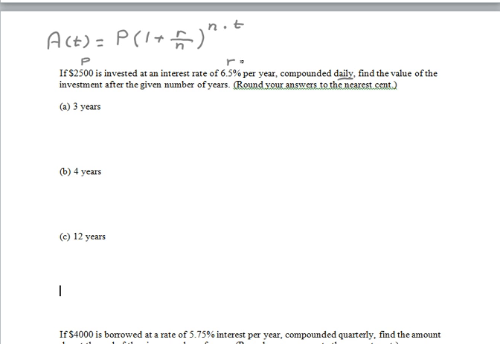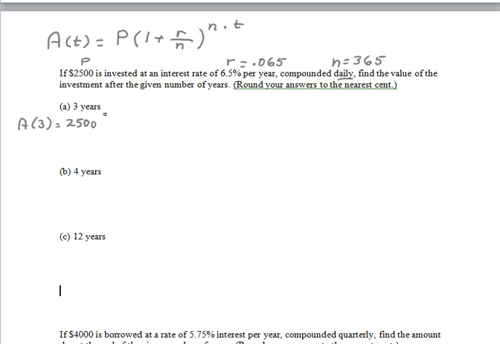So first of all, we'll be using 0.065 for R. We'll use 365 for the number of times compounded. And we're supposed to find the amount, first of all, after 3 years.